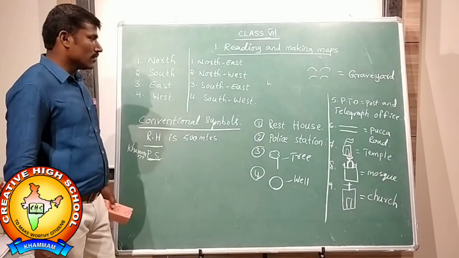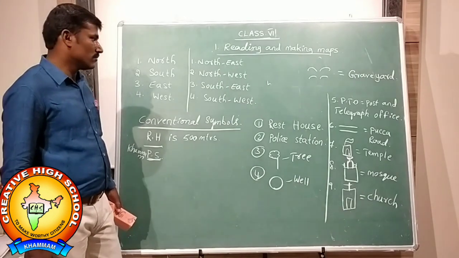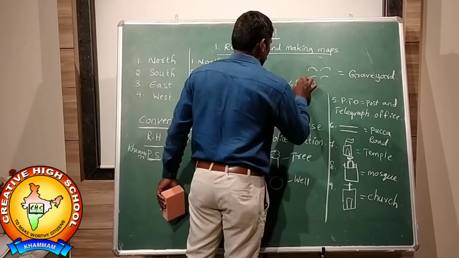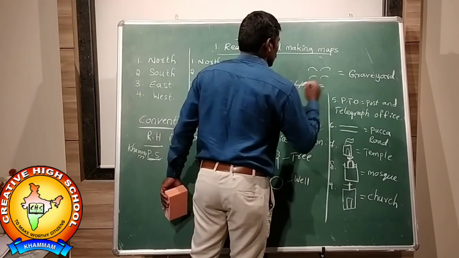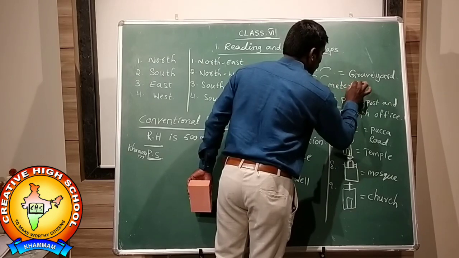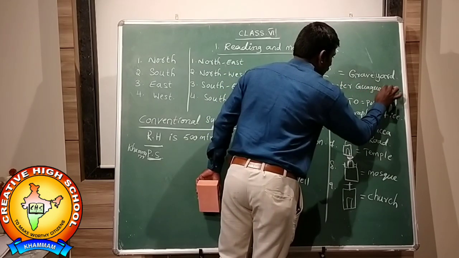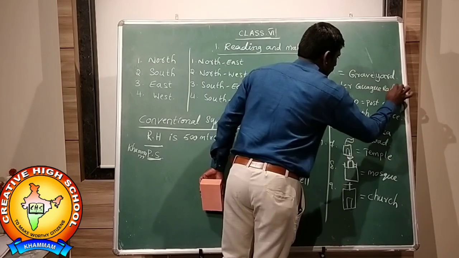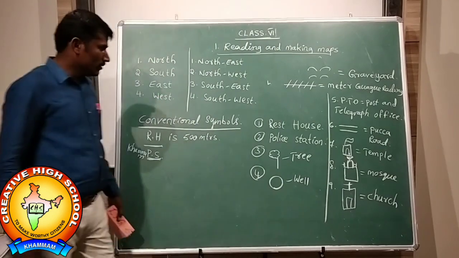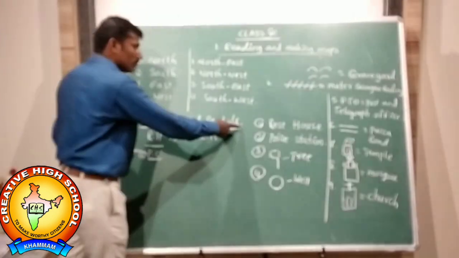Graveyard. Meter gauge railway. These are called conventional symbols.